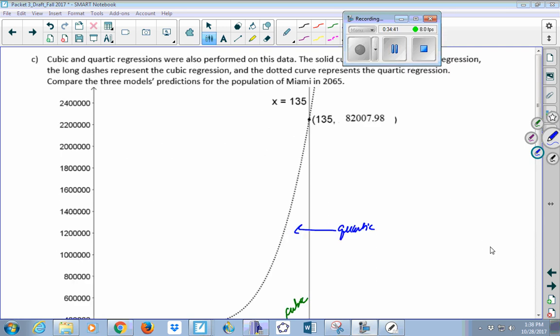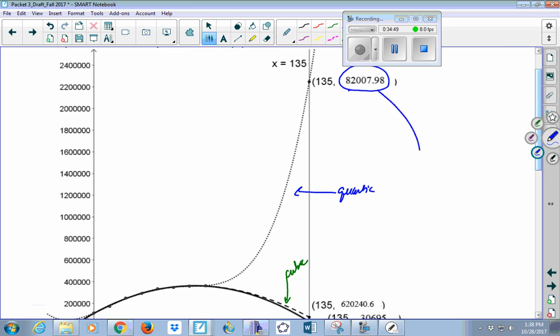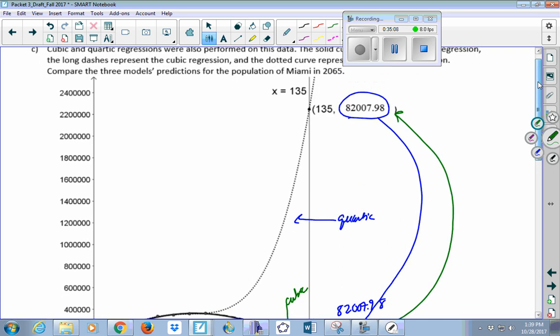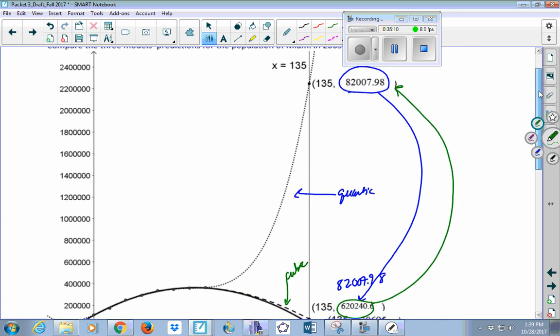Okay, I see what's going on here. The error is that this number, the 82,000, should be down here with the cubic model, and the 620,000 needs to go up there. So that's an error in putting the data values in here.